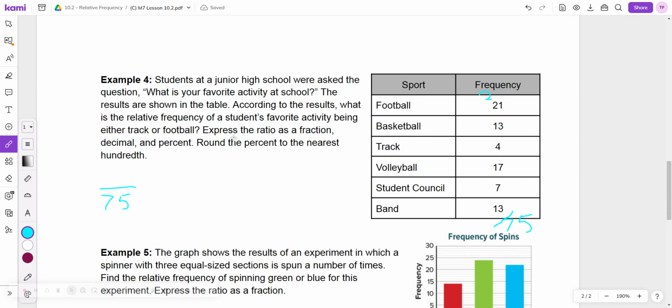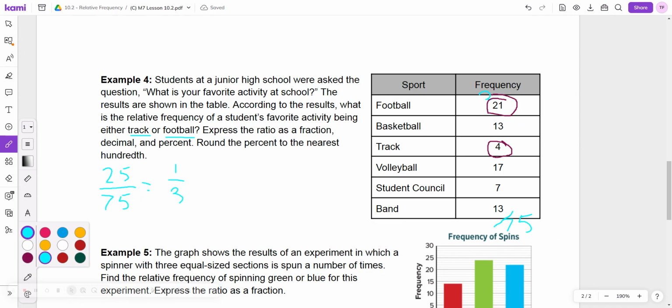Now, we are looking for track or football. I'm going to look for track, and that was 4. And I'm going to look for football, which is 21. I'm going to add those two together. 21 plus 4 gives me 25. Plug that into my calculator, hit enter.